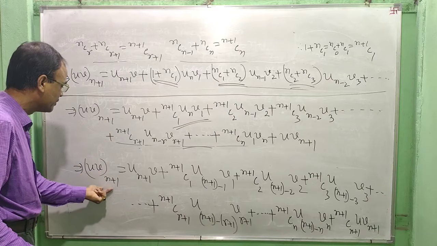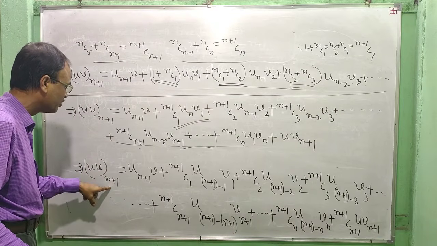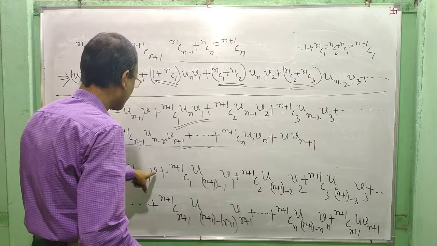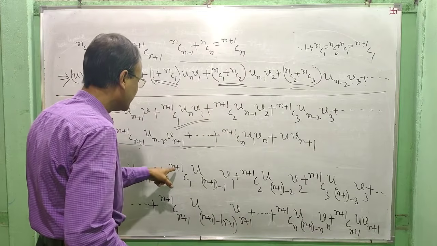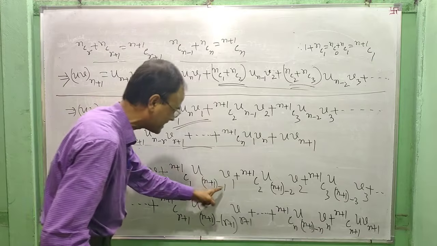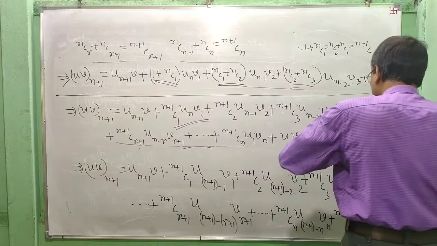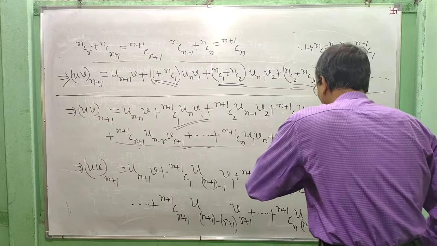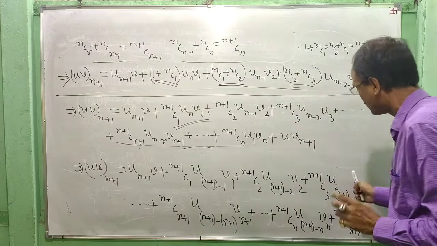It was (uv)n, and we have written (uv)n plus 1. It was u n v, and we have written u n plus 1 v. nC1 u n minus 1 v1 likewise. Just we have replaced n by n plus 1.